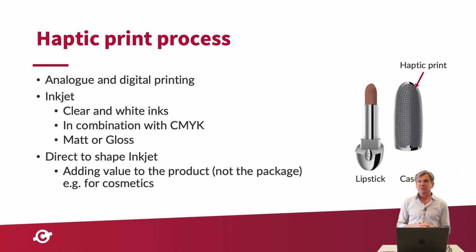So here just behind my head, you see on the left-hand side a lipstick, and then right of it there is a case for the lipstick, and then there is some texture on the case for the lipstick, and that is applied by haptic print. So that is one of the use cases for haptic print.